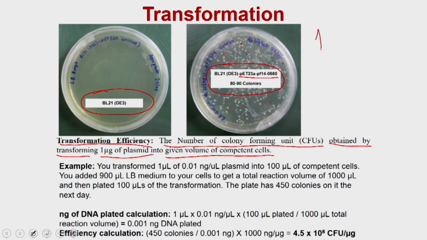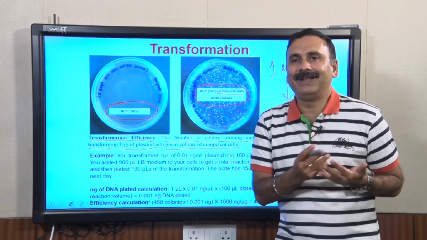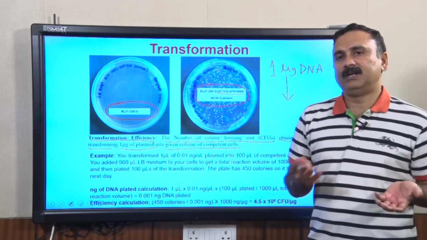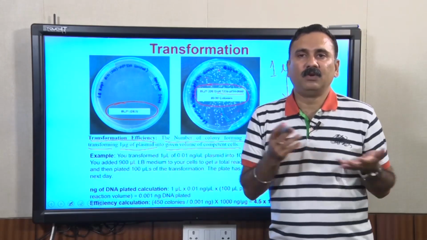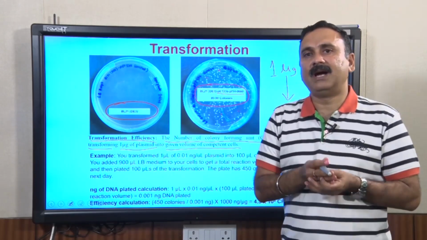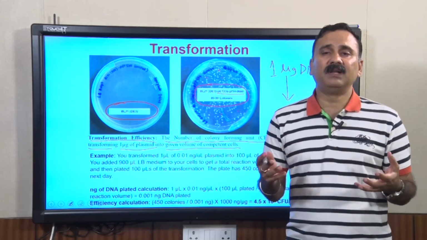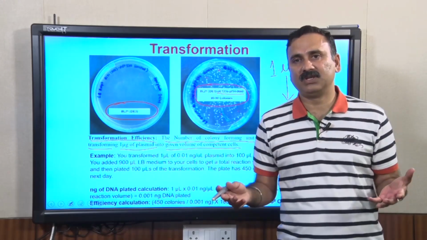That is called the transformation efficiency. Let us take simple data to see how you can calculate the transformation efficiency after your transformation, because it is very important that you use competent cells of very high transformation efficiency.